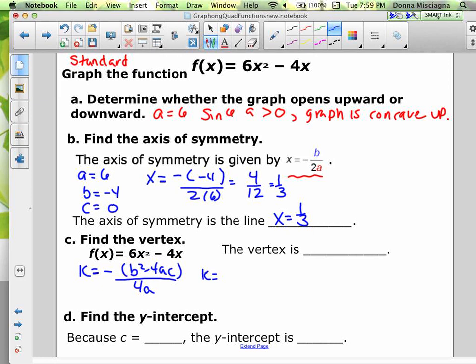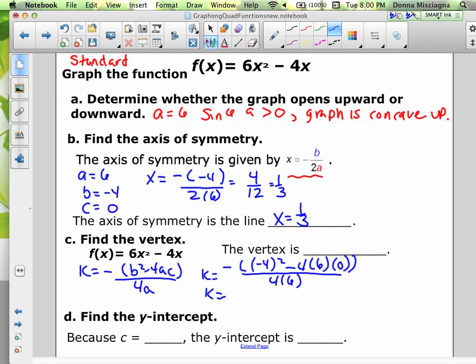So k is equal to negative, and then we have negative 4 squared, which we could write neater. So I want to square the negative, that's why that's in parentheses. And I have another parentheses because the whole thing is the opposite. And then we have minus 4 times 6 times 0, all divided by 4 times 6.